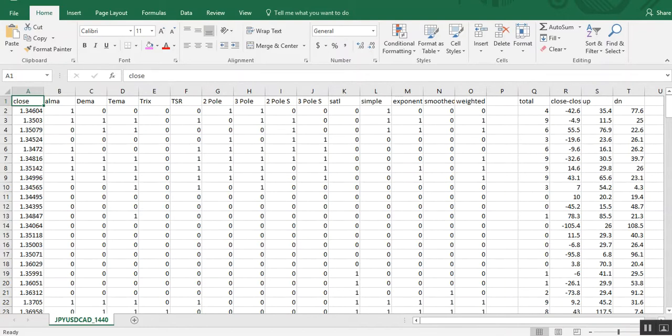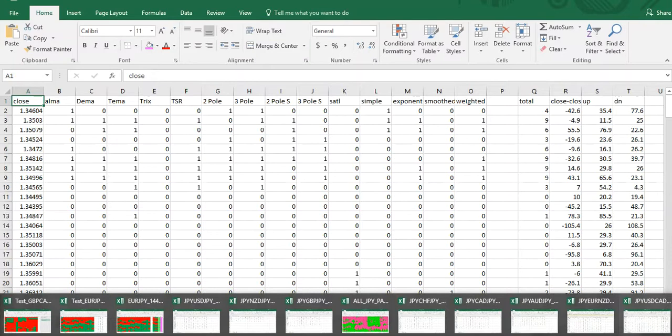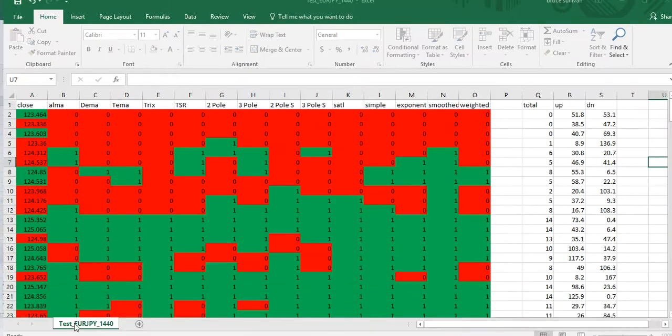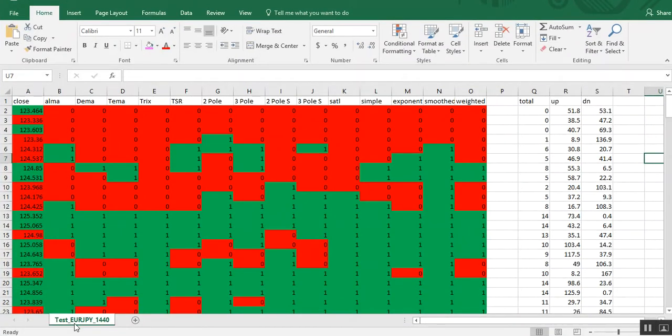Okay, here, and this must be Friday maybe, I'm not sure. 6/9 or 6/10 or something like 6/9, I guess, 2017. All of them were going down. Total is 0. So every single moving average was going down on Friday of these that I have listed here.